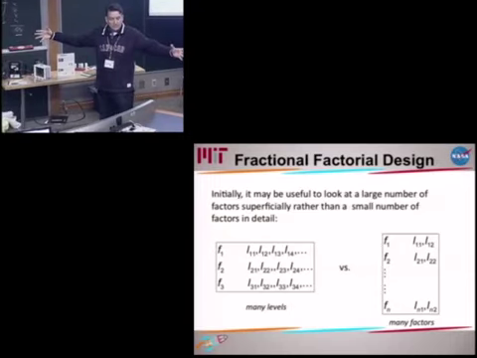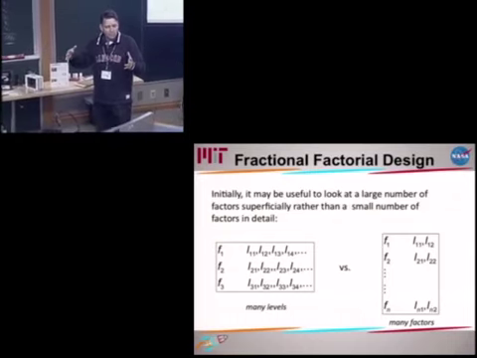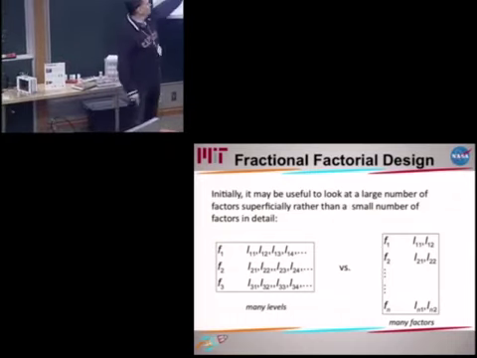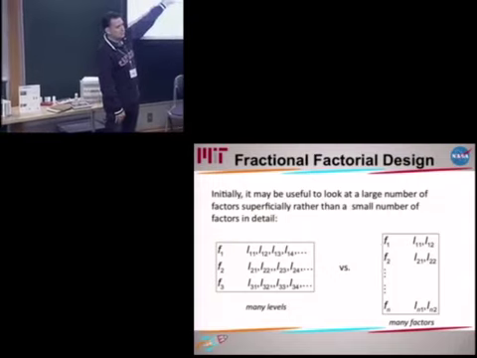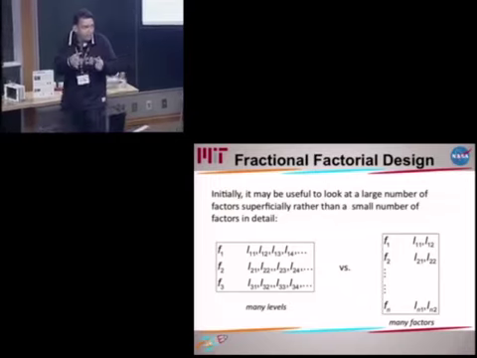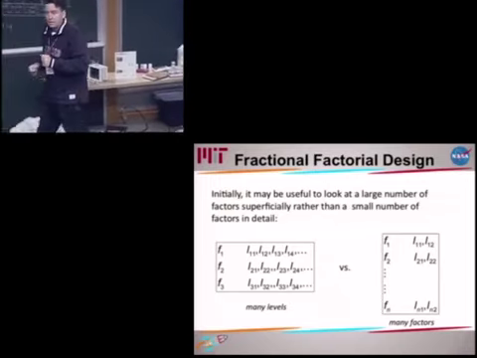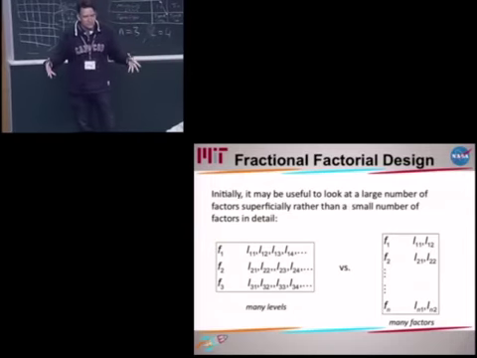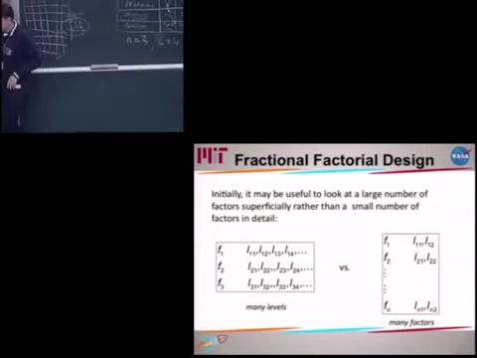So you're looking at a space much more broadly. And then as you learn which factors really matter, then you carry out experiments such as this, where you're looking at a smaller set of factors, but now you're really honing in on those factors and looking at a lot of levels. Often this is known on the right as an exploratory DOE, because you're exploring.